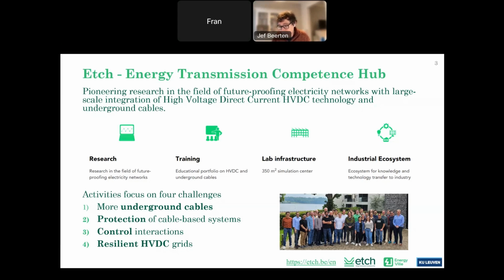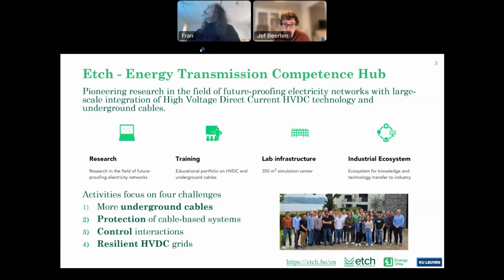Within that research collaboration, we focus heavily on the transmission network. What we're doing at Etch is pioneering research in the field of future-proofing our electricity networks for a large-scale integration of HVDC technology and underground cables.